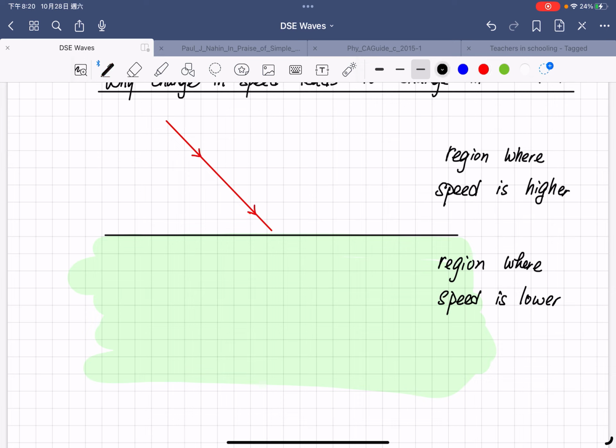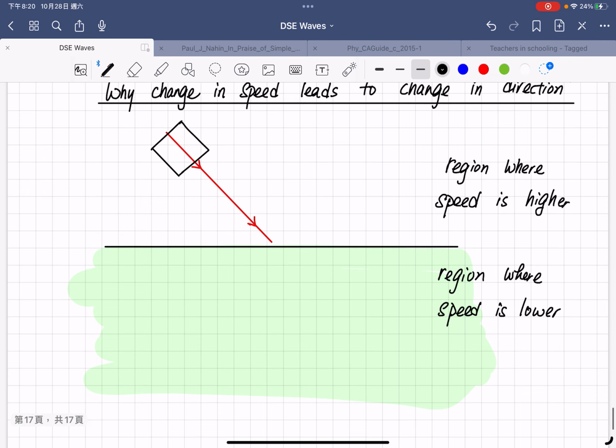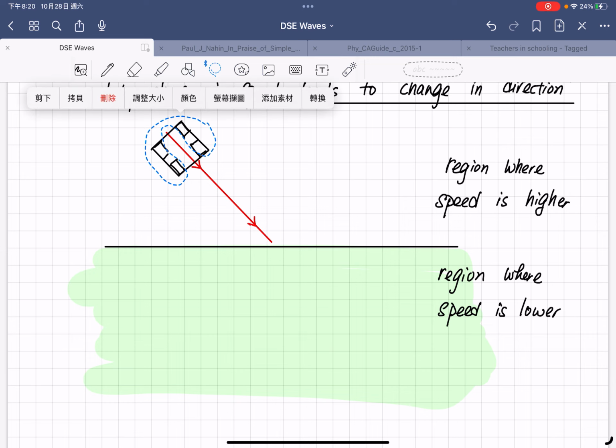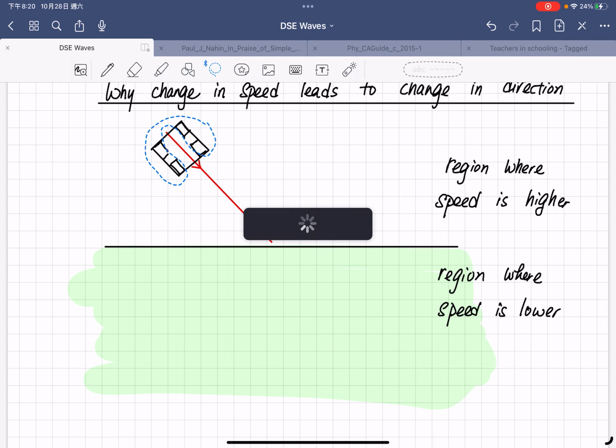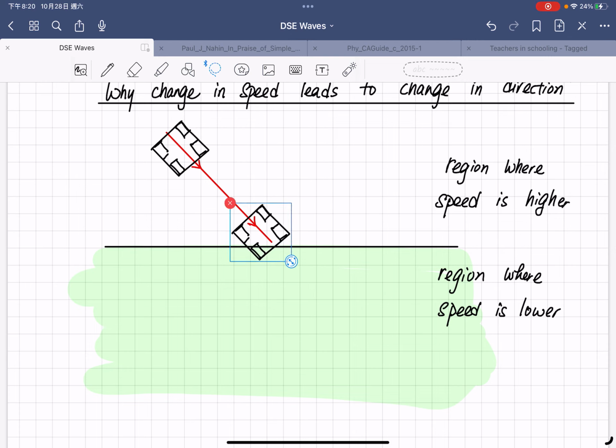Now, I want you to imagine that this ray is actually the motion of a car, and as normal cars, it has 4 wheels, like this. This car will continue to move forward until it hits this point. What's so special here is that I want you to focus on the location of the 4 wheels.